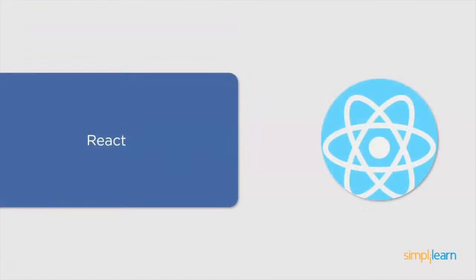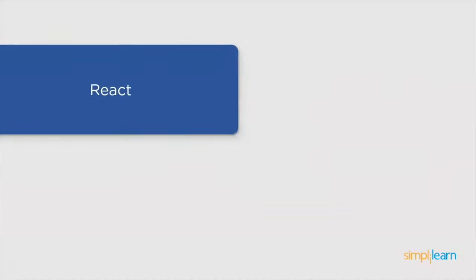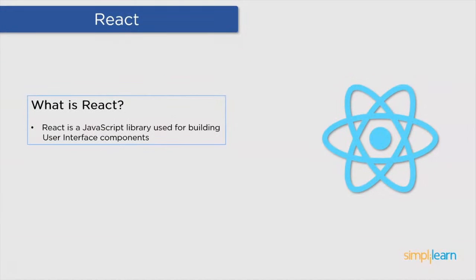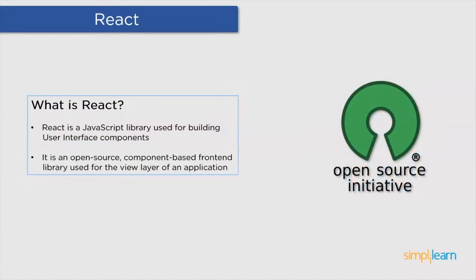Now that we know what basic skills are required to become a front-end developer, let's discuss the most popular front-end library, that is React. Now, what exactly is React? So, React is a front-end JavaScript library used for building beautiful user interface components. It is open source, meaning it can be used in your commercial projects without any restrictions.